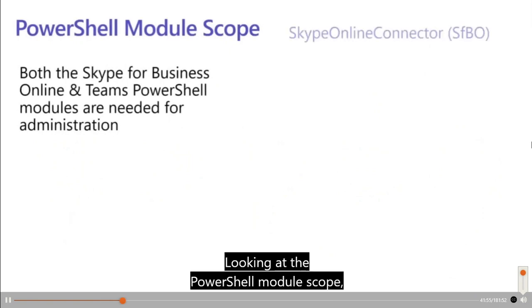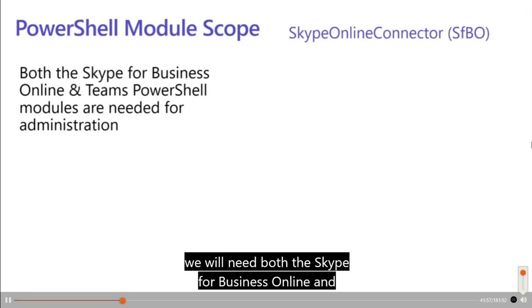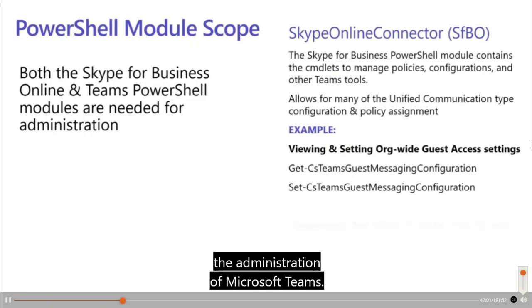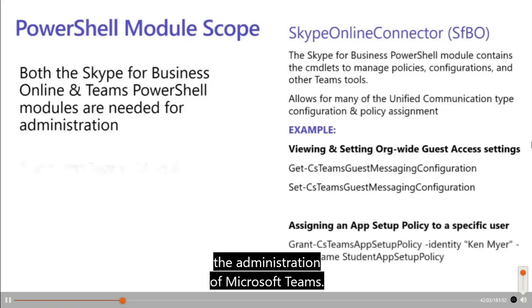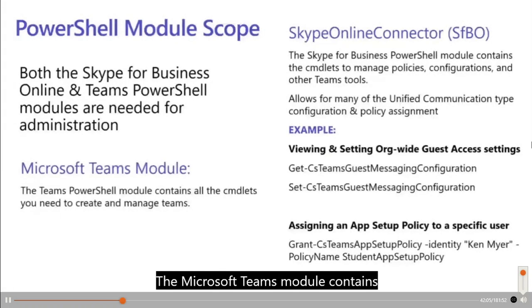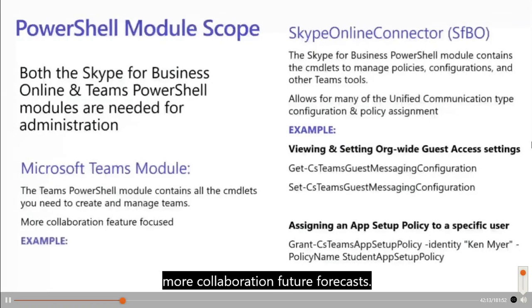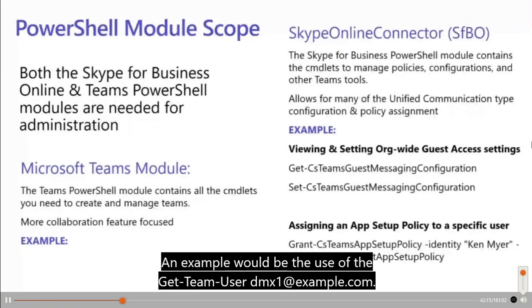Looking at the PowerShell module scope, we will need both the Skype for Business Online and Teams PowerShell modules for the administration of Microsoft Teams. The Microsoft Teams module contains all the commands that you need to create and manage Teams, more collaboration feature focused.